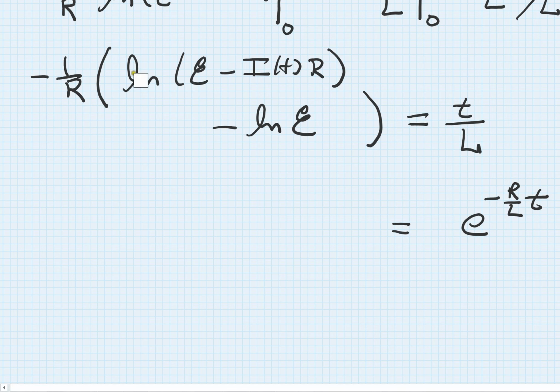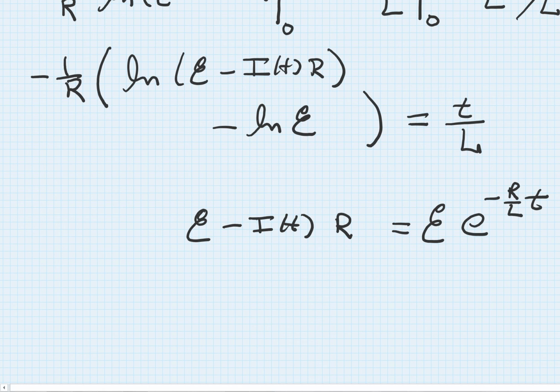Then we're just exponentiating this piece, which will give me e to this divided by e to this power. So I'm just going to have this divided by the EMF. Multiplying by the EMF, I can put EMF here. And then what was left on this side was the EMF minus I of t times r.